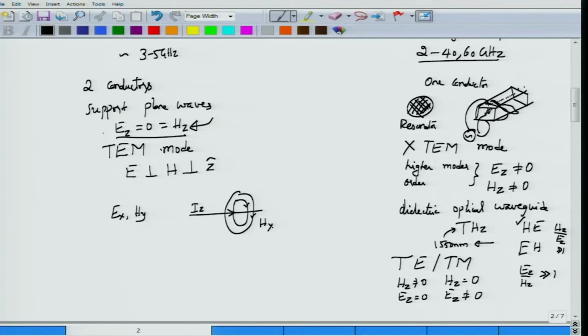This is very important for a waveguide, say a rectangular waveguide, which I am assuming in this particular case. A rectangular waveguide does not have any conductor in between, right.